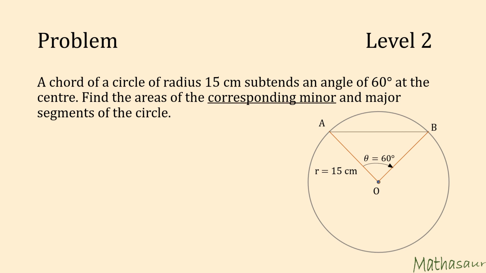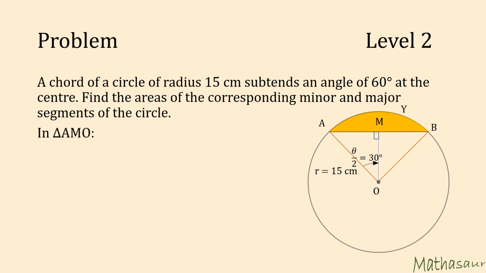Now we have to find the area of the corresponding minor segment first. So let us take another point Y and call it segment AYB. Now recall our previous steps. Let us drop a perpendicular OM on the chord AB. We know that angle AOM would be equal to theta by 2 or 30 degrees.